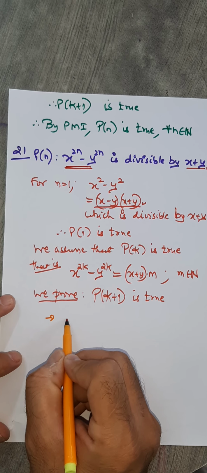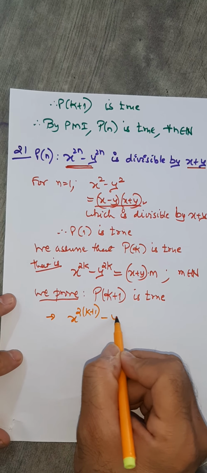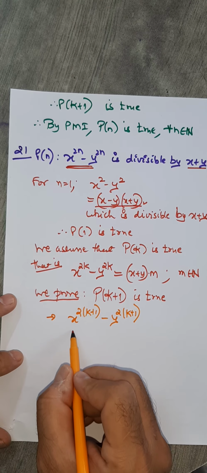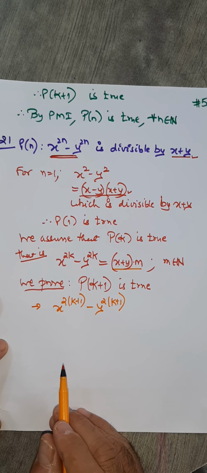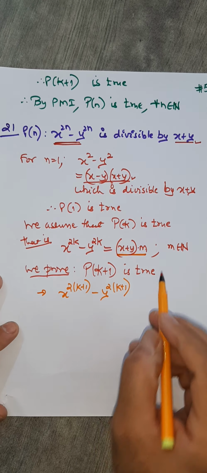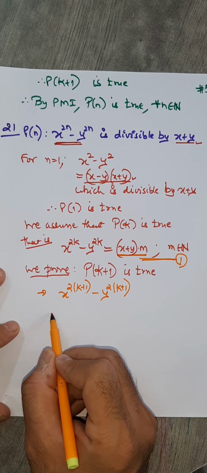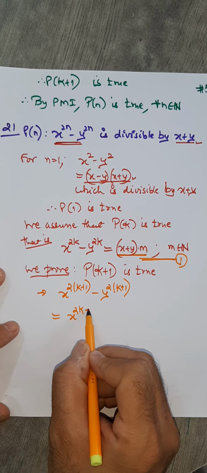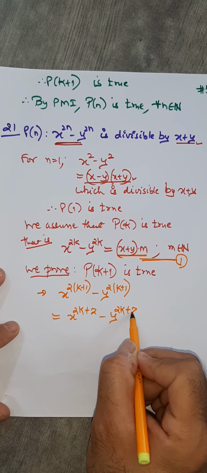So here the expression is x raised to 2 into k plus 1 minus y raised to 2 into k plus 1, and we'll show that this is also x plus y into some constant. It may not be m, something else, but it would be a multiple of x plus y with the help of, let me call this as 1. Okay, so I'll rewrite as x raised to 2k plus 2 minus y raised to 2k plus 2.